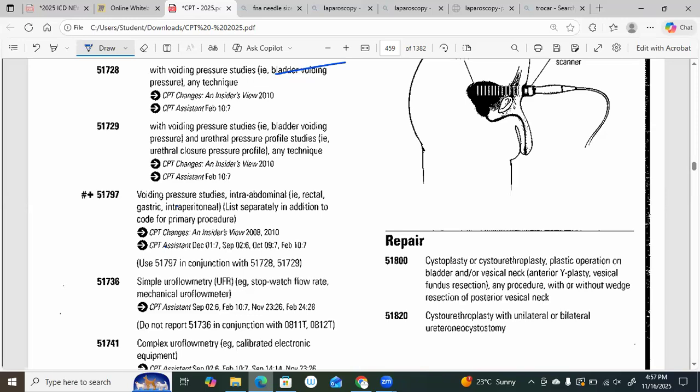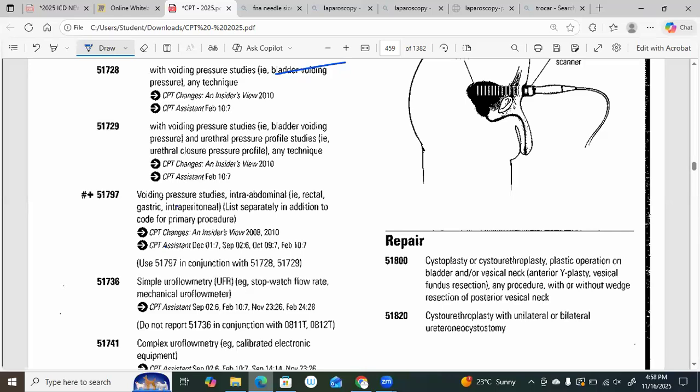Cysto means bladder, so it's a repair of the bladder, and repair of the bladder and urethra. Then vesicourethropexy, and it's a normal urethropexy also.